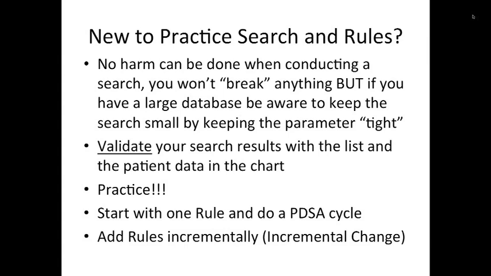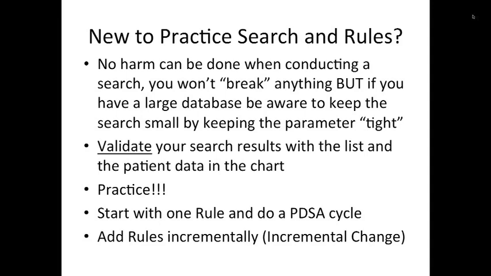When your clinic is ready to move on to rules and start using rules for the first time, start with one rule and do a PDSA cycle, and then add them incrementally. Currently, if your clinic is using rules and you have an improvement meeting and somebody says, well, we're not using them. We've got all these rules popping up, but nobody uses them.